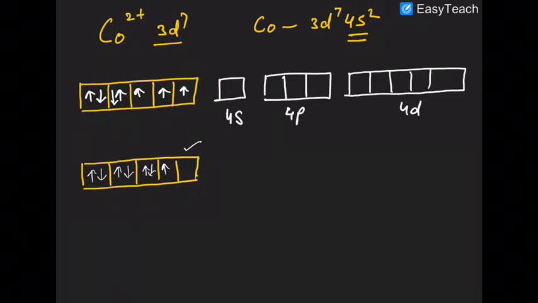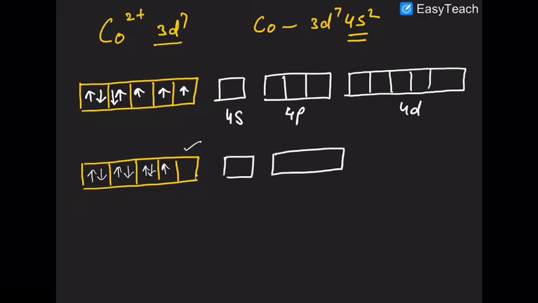So it can give you dsp2 or dsp3, but it can't give you d2 inner orbital. Why? Because the other d orbital is not vacant. So you have only one choice.